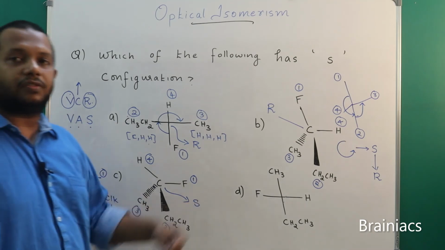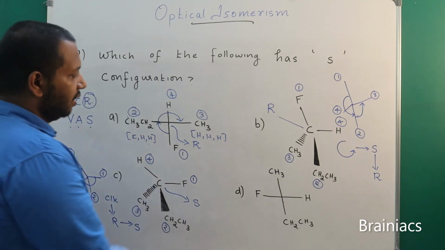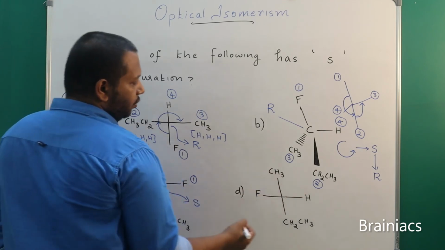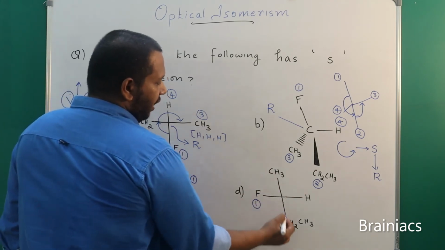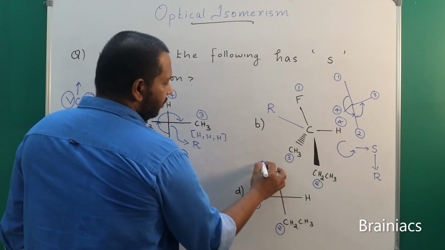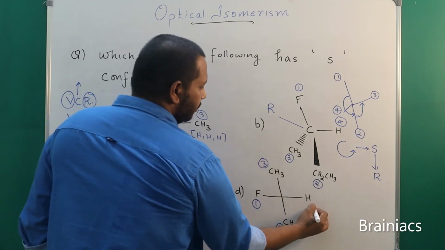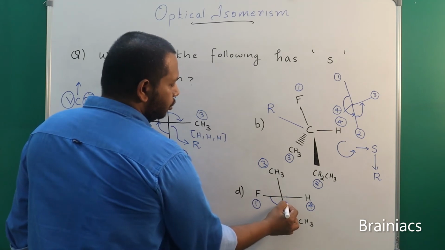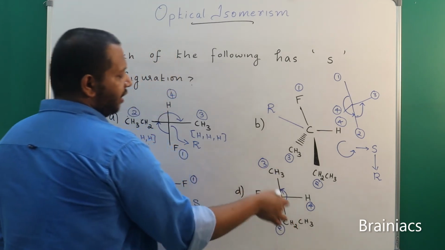Now let's see the last one. In the last one you can see this is again a Fischer projection formula. So we assign the priority 1, and this is 2 and this is 3 and this is 4. Now let's go from 1 to 2, then 2 to 3. In what direction is it rotating?